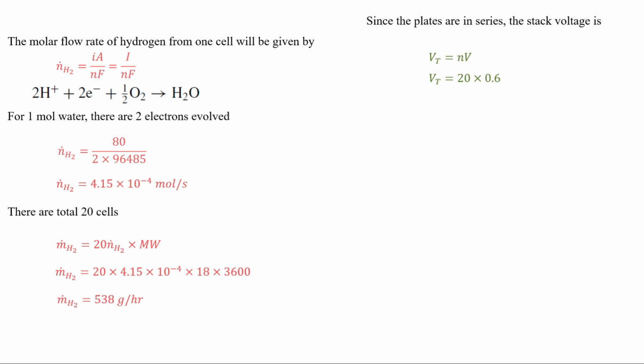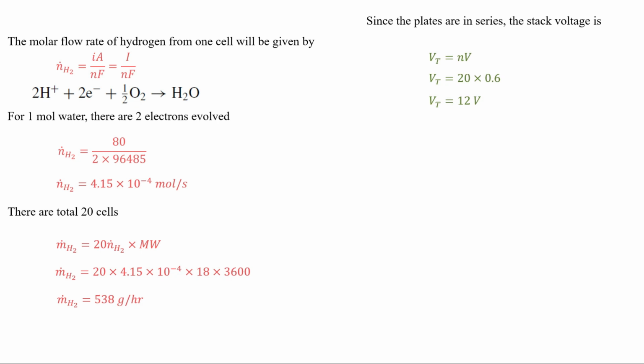So the voltage from a fuel cell stack is 20 into 0.6, and the total voltage from a fuel cell stack is 12 volt.